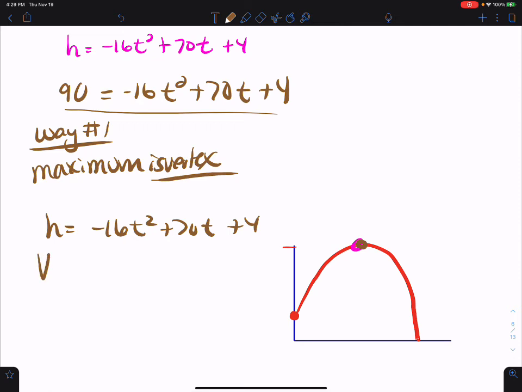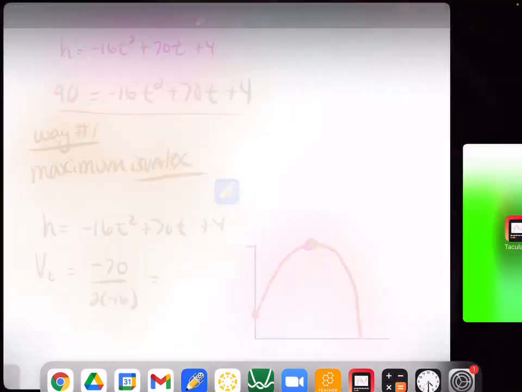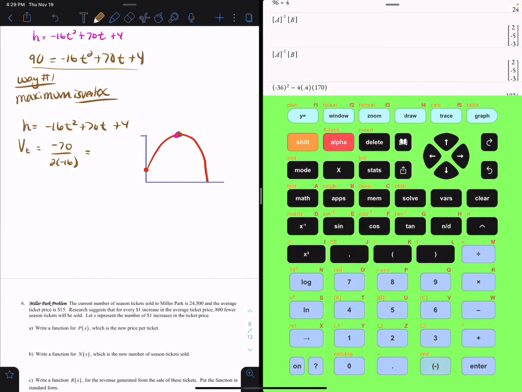The vertex, and this time it's t, is the opposite of b, all divided by 2 times a. We're using our calculator here, because I don't think we get super nice numbers. So negative 70 divided by 2 times negative 16 gives us 2.1875.